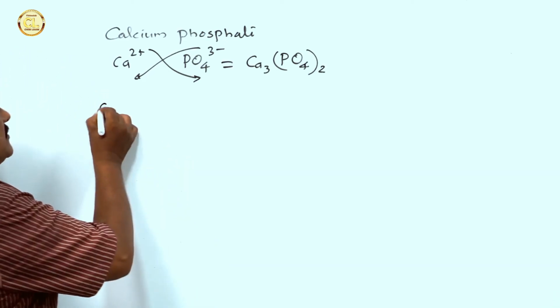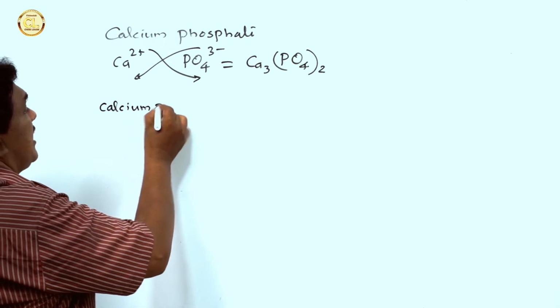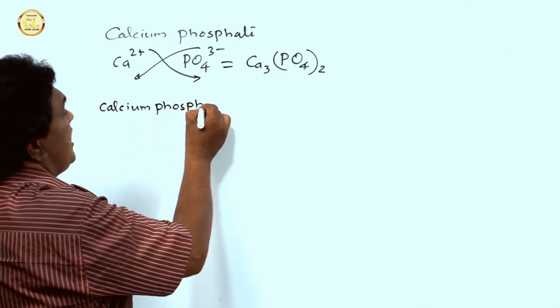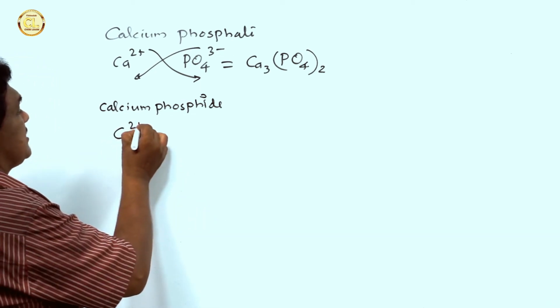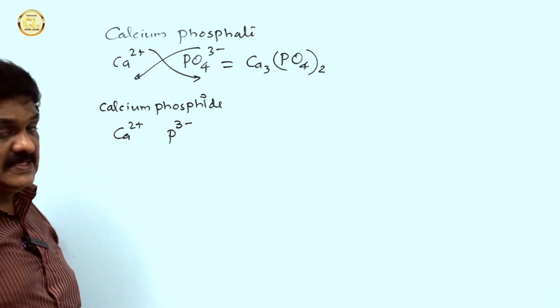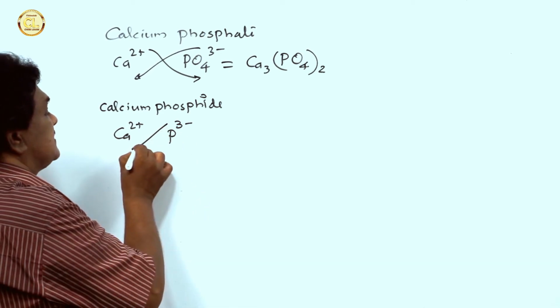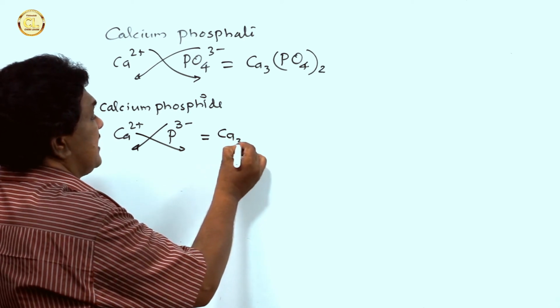Now what is calcium phosphide? Calcium phosphide. Calcium, you know that Ca2+. Phosphide ion is P3-. Crossing their valencies like this, we get Ca3.